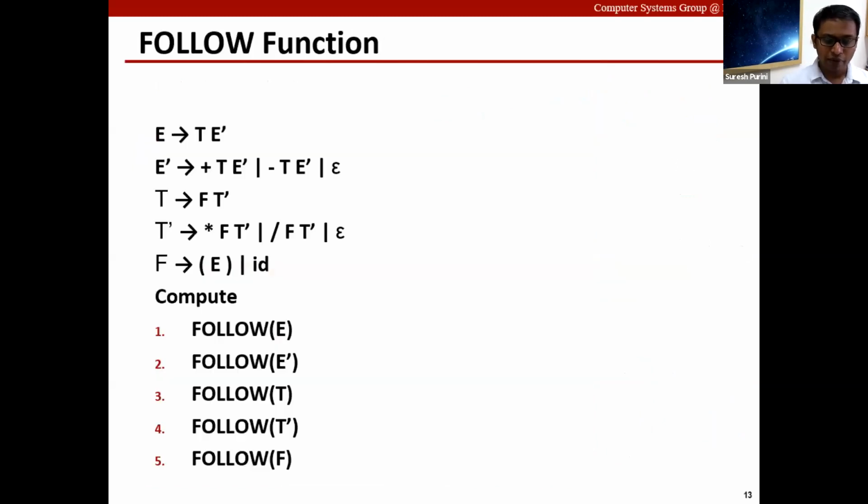This is the grammar that we have been working with. A homework problem for you is to compute the follow sets for the different non-terminal symbols occurring in this grammar.